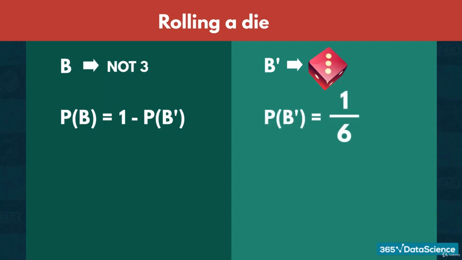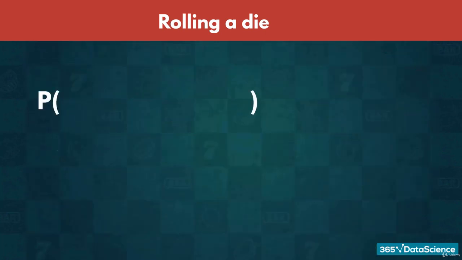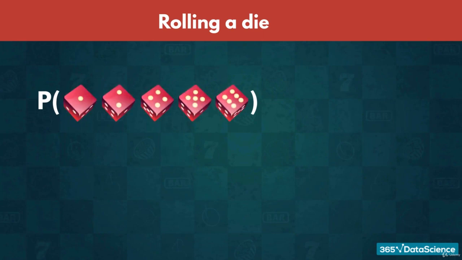We know that P of 3 equals 1/6, so the probability of not getting 3 is equal to 1 minus 1/6. Therefore, the probability of not getting 3 is 5/6. This shows that the probability of getting 1, 2, 4, 5, or 6 is equal to the probability of not getting a 3.